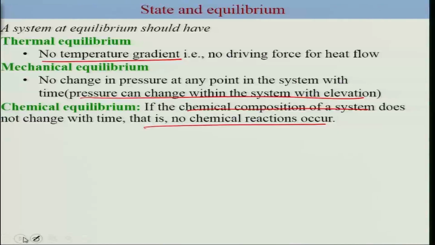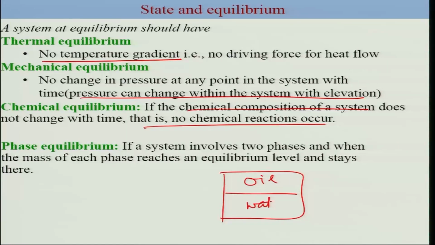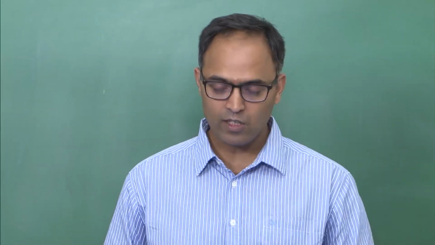Now there is something called phase equilibrium. This is relevant when you have more than one phase, such as liquid, gas, solid. So if you have, for example, two liquids, let's say oil and water, after you shake and let it stay for a while, the oil separates and water separates, and there is no change in the composition of the oil as well as in the composition of water after a while.